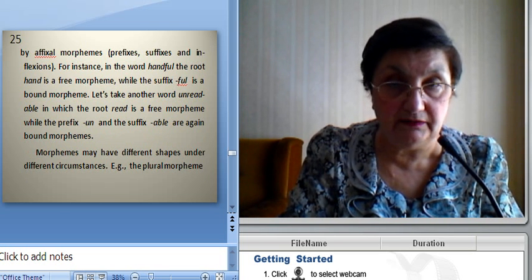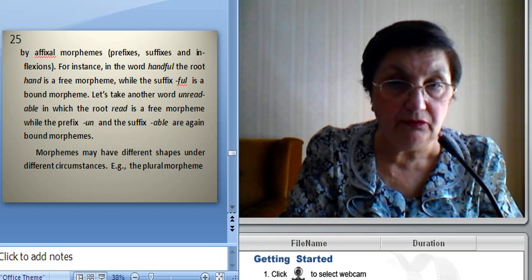Morphemes have different shapes under different circumstances.